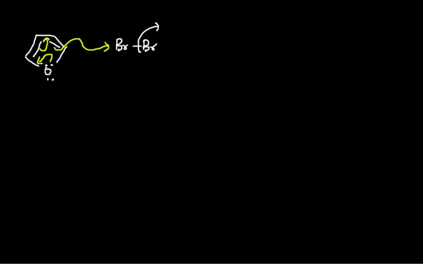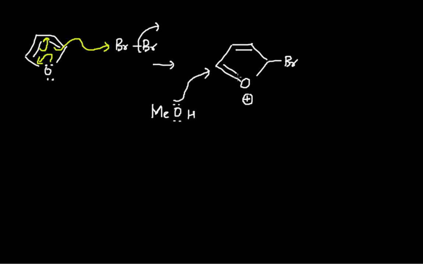This bond leaves, to give you, and there is an oxonium ion that is formed here, a triple bonded oxygen. Okay. Next, what happens is the oxygen of methanol attacks this particular carbon, and the bond falls back. Of course, there is this hydrogen that is there.